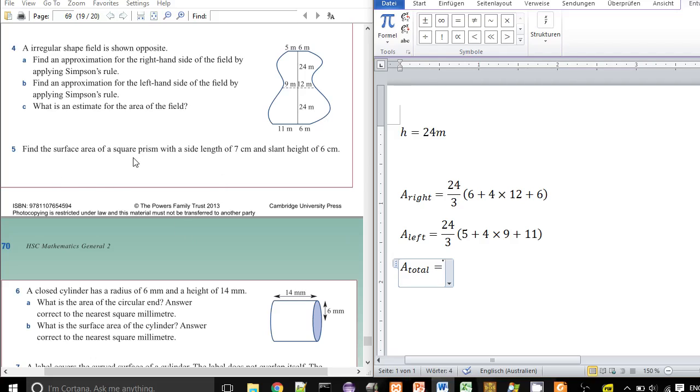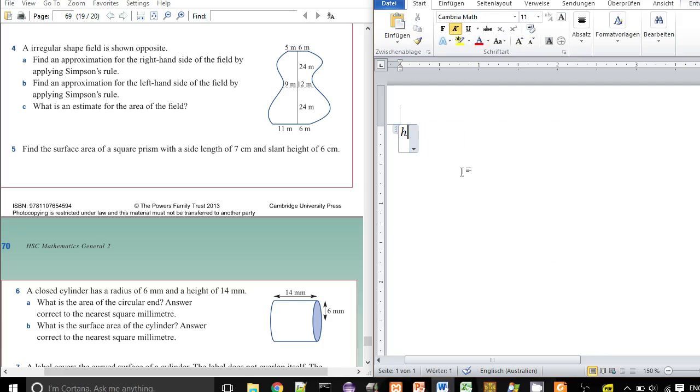Find the surface area of a square prism. What, is this a trick? Slant height of 6. What is it talking about? Square. Okay, so let me get rid of this. So it's basically, makes no sense.